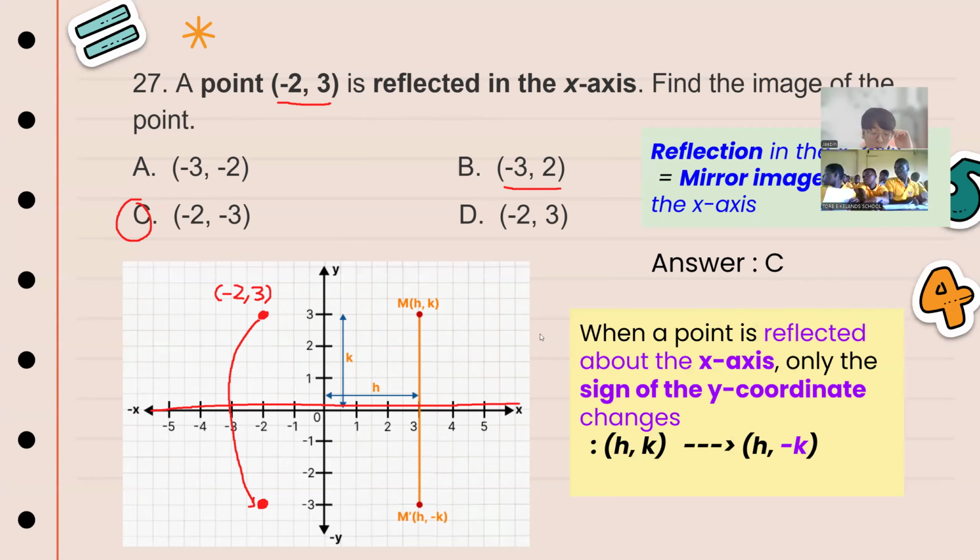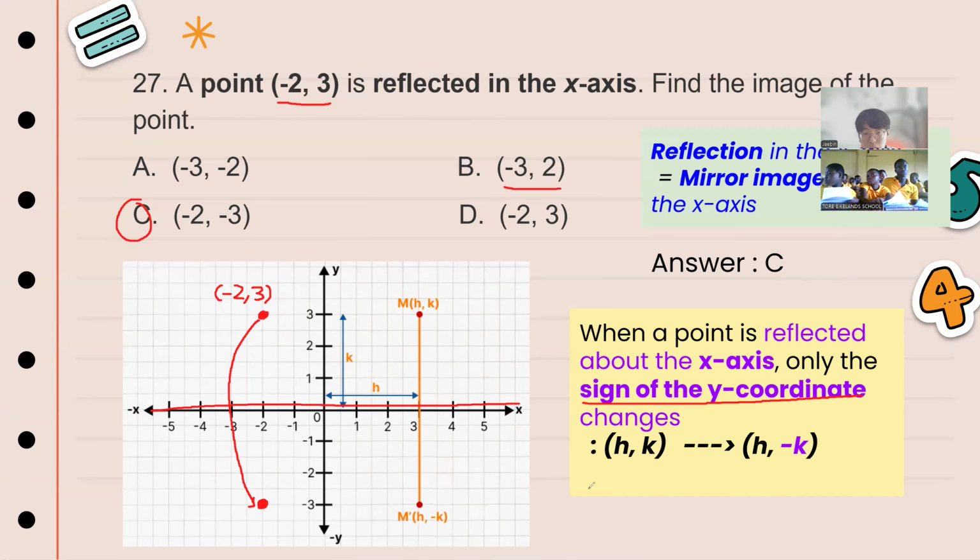So you don't need to draw the graph every time you solve this problem. There is a clean way. When it is reflected about the x-axis, the sign of the y-coordinate changes.